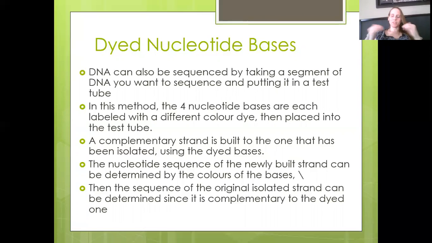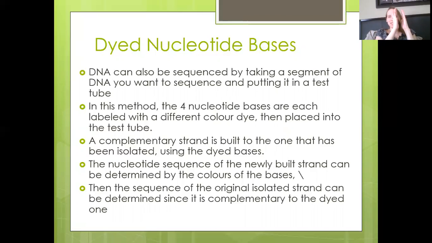And then what you'll do is you'll put the solution with all of the different colored bases in with the DNA segment that you want to sequence, and the colored bases will form complementary base pairs with the fragment that you put in. And so the new strand that you just built against the original strand is now all these different colors.